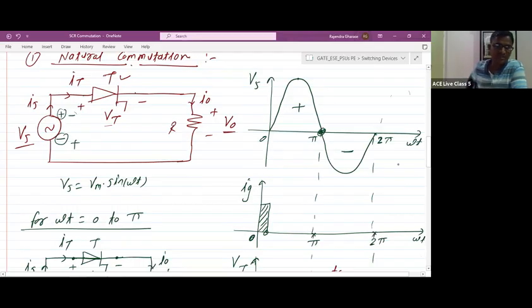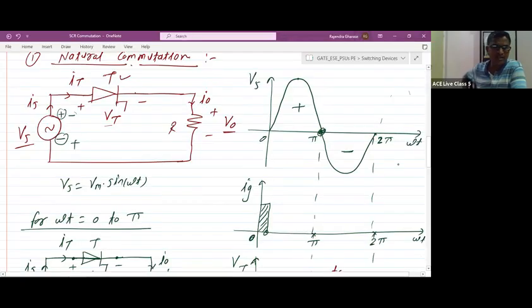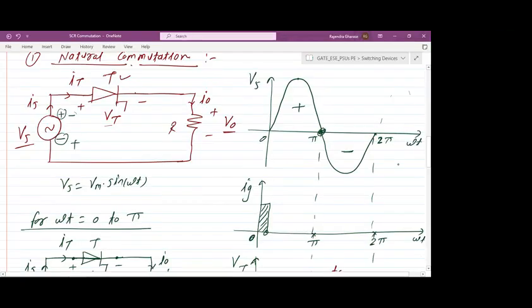Sir, by which device are we giving this signal, at every positive cycle? We are having that gate cathode circuit. Perfectly at the positive time we are giving the signal, so I'm asking what device are we using, sir?